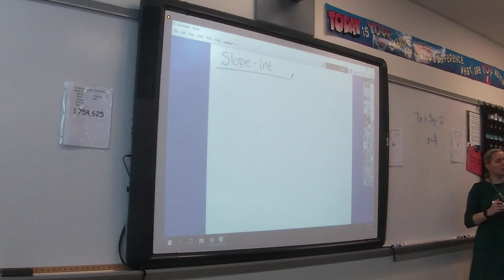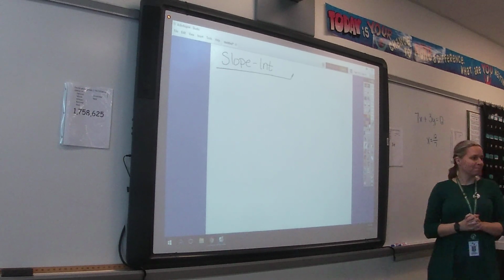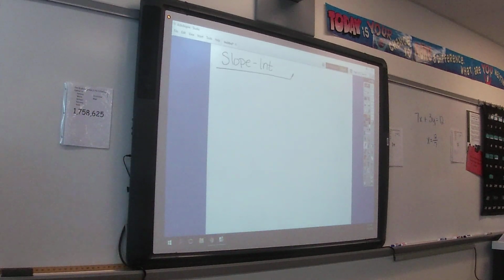How do we feel about graphing an x-intercept of 12 over 7? Ugh, I see some heads shaking no. Why don't we want to graph an x-intercept of 12 over 7? Where is 12 over 7?